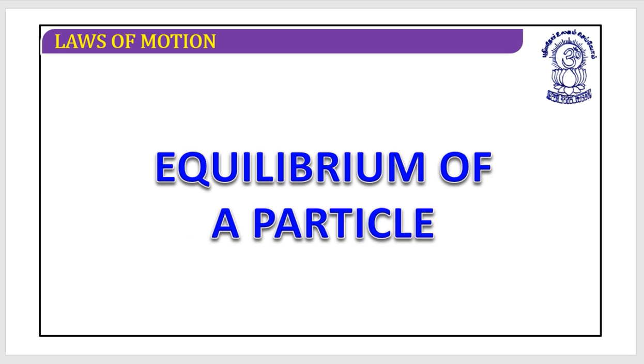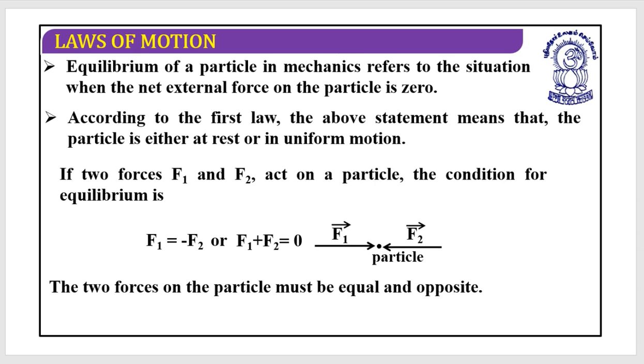Let's have a look at the equilibrium of a particle. The first thing: what is equilibrium? You might have studied this in class 9, probably class 10 as well, and now it's in class 11. What do you understand by equilibrium?